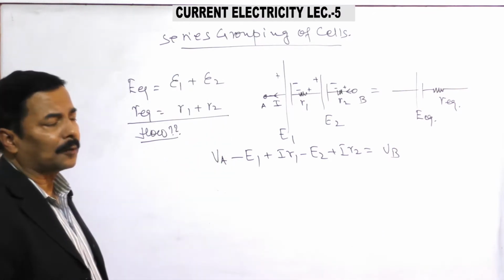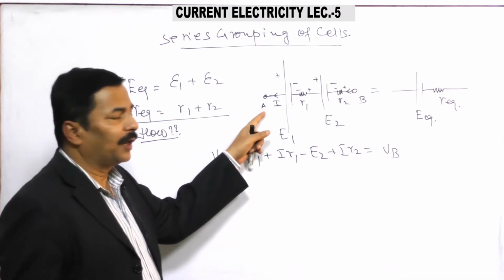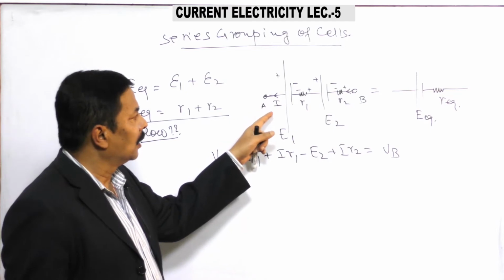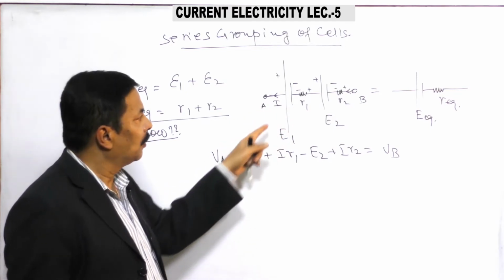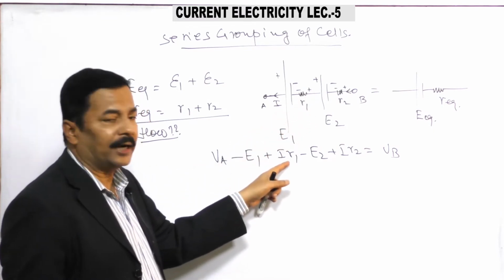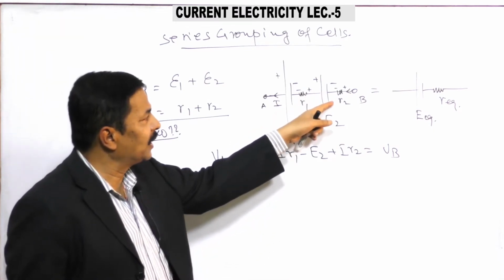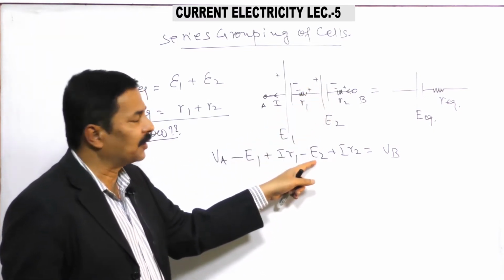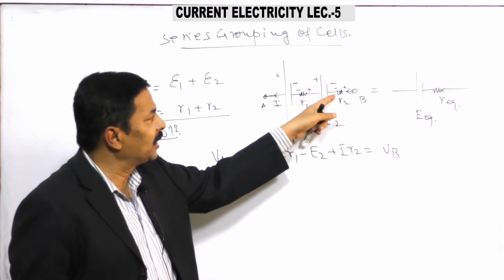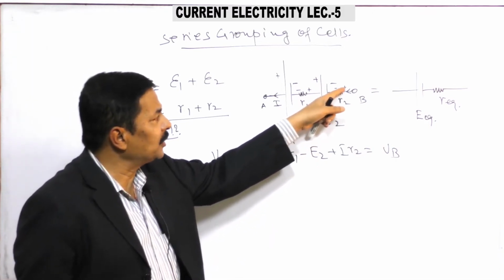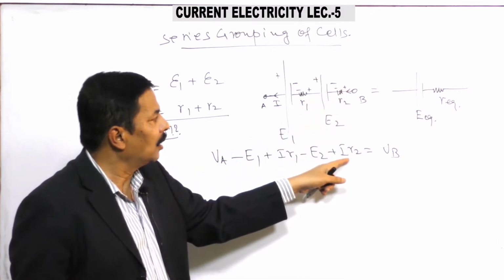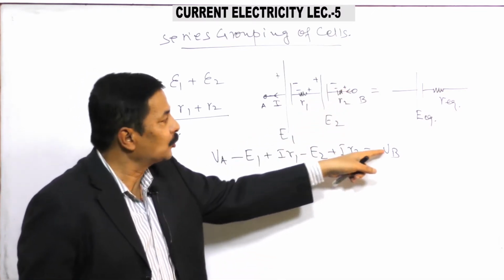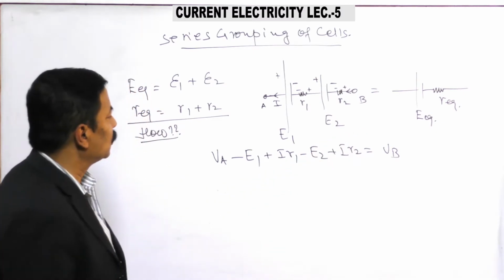I have used Kirchhoff's law. Potential of A, VA; potential is decreasing, so subtracted. Potential is increasing, so added. Again potential is decreasing, higher potential to lower potential, so subtracted. Again potential is increasing, minus to plus, lower to higher potential, so plus IR2, and this should be equal to VB. So what are we getting?